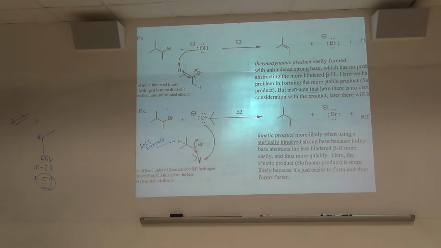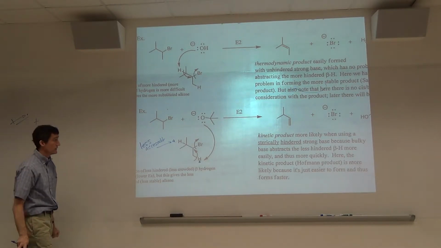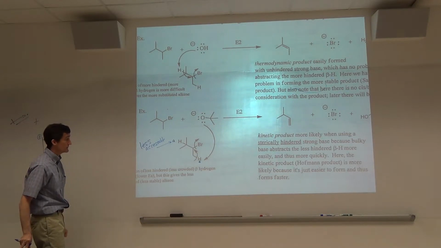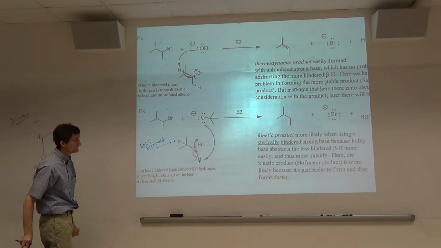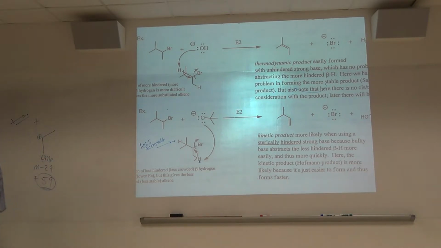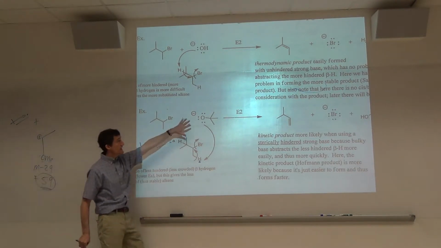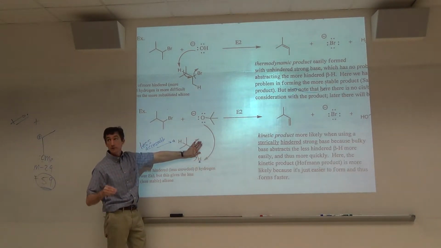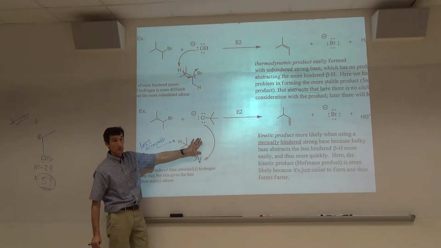Which is actually the least stable. That's one reason the Hoffman may be more favored. Because remember, the base taking the H is involved in the rate determining step of an E2.